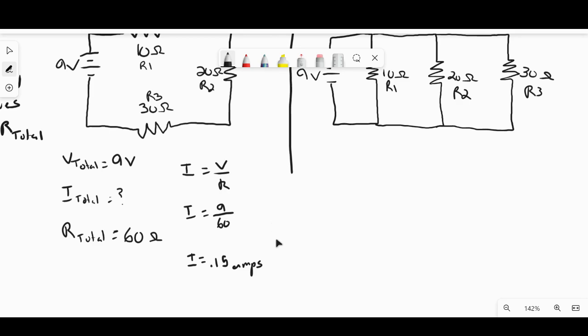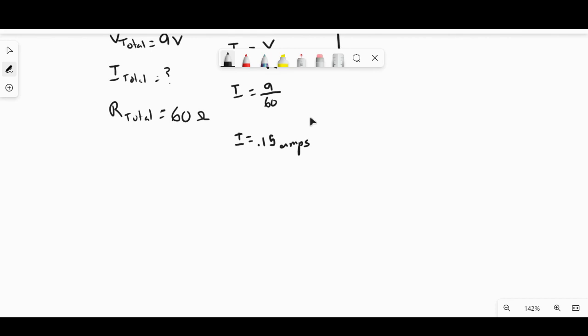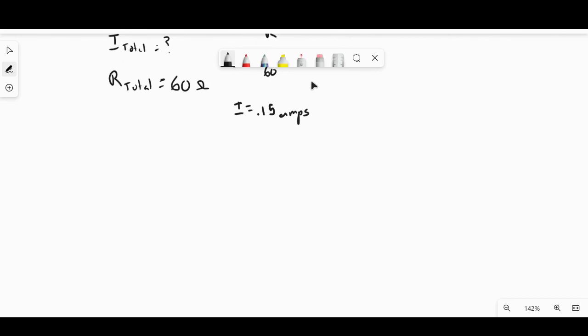All right. Now, that's important to know because we know that current is constant in a series circuit. So let's try and find voltage at resistor 1, voltage at resistor 2, and voltage at resistor 3 versus current at resistor 1, current at resistor 2, and current at resistor 3.